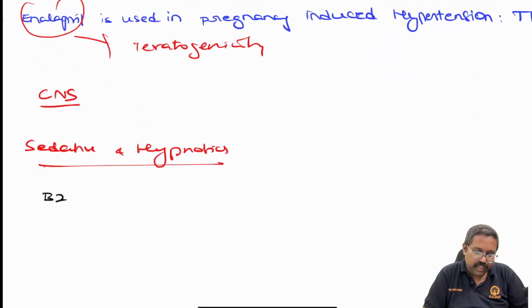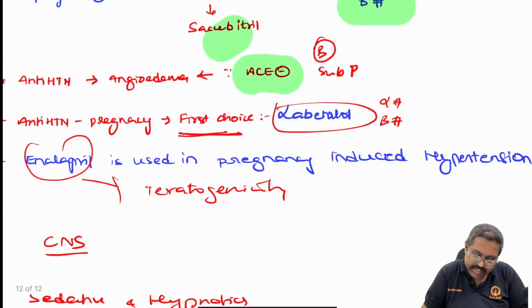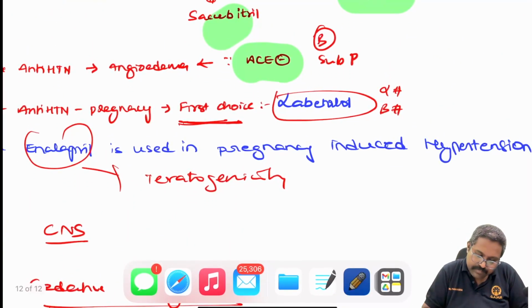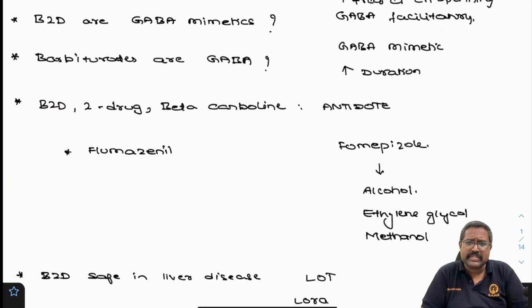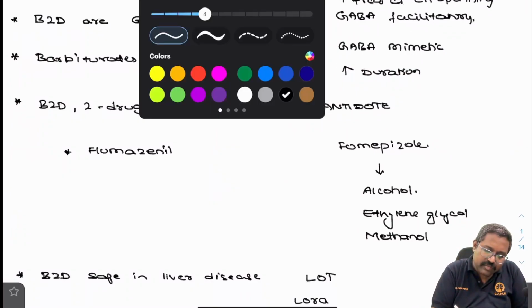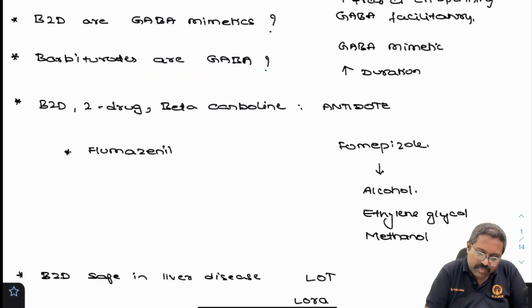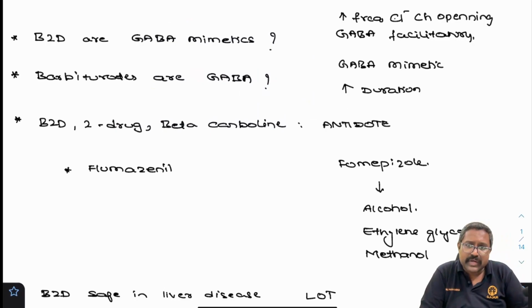So next we have the CNS, that is sedative hypnotics. So please remember benzodiazepines. So what is the difference between the benzodiazepines and the barbiturates? Benzodiazepines are GABA facilitatory in nature.